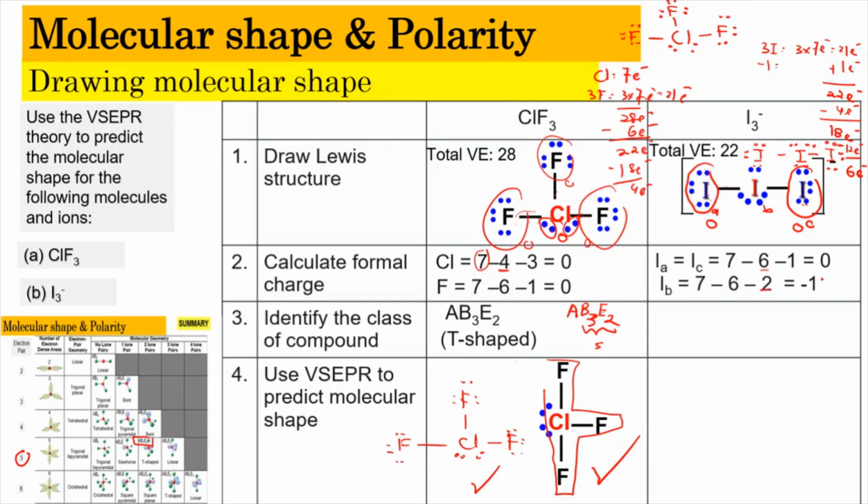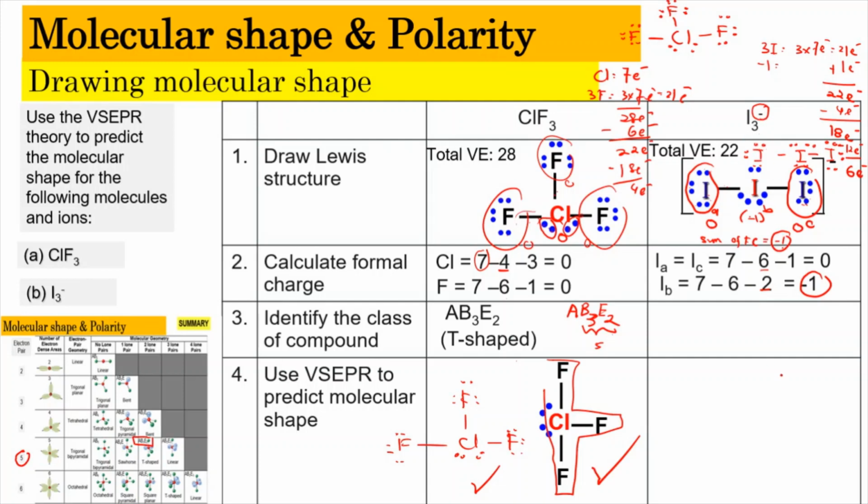So the charge that I'm going to carry is minus 1 here. So you know that the summation of formal charge, 0 plus negative 1 plus 0, the charge is going to be negative 1, which is consistent with the charge of the polyatomic ion. So you know that it is correct.